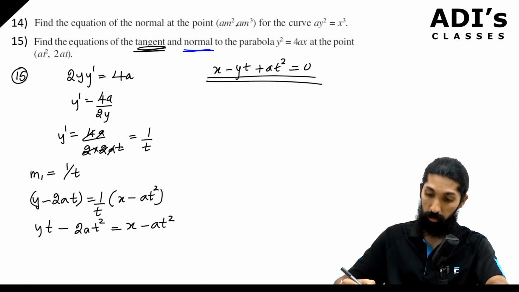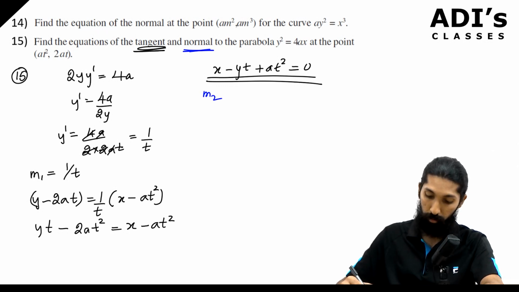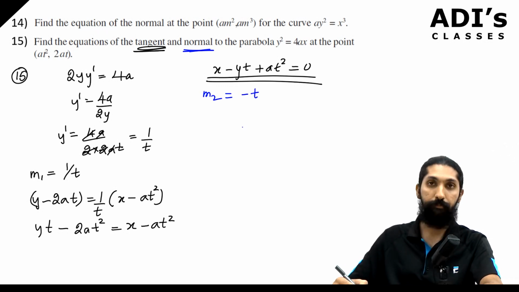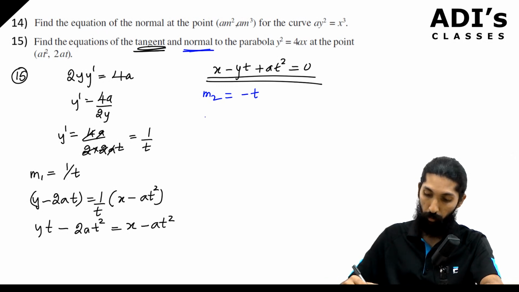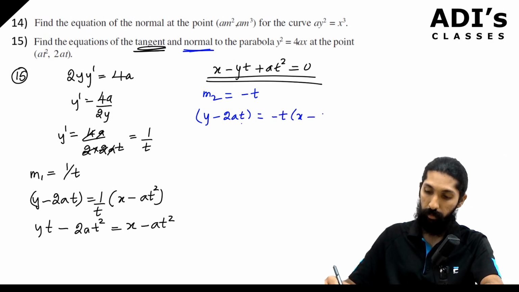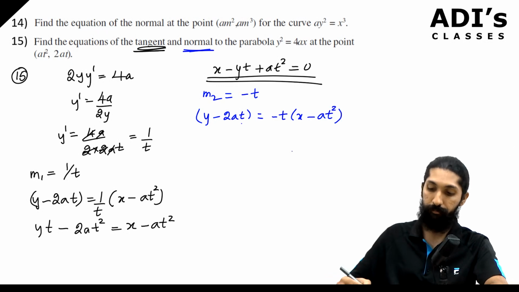So for normal slope, m2 is equal to minus t, correct? So y minus 2at is equal to minus t into x minus at square.